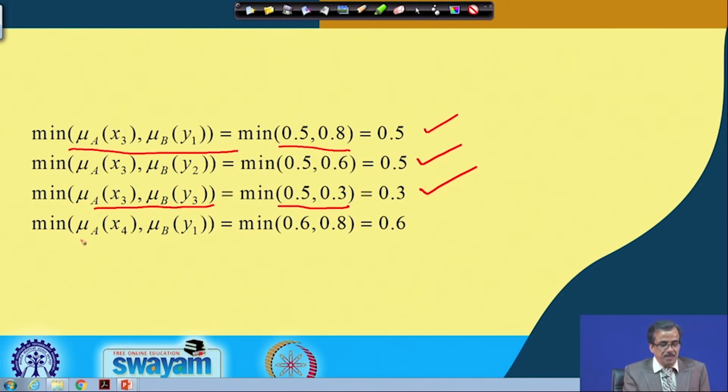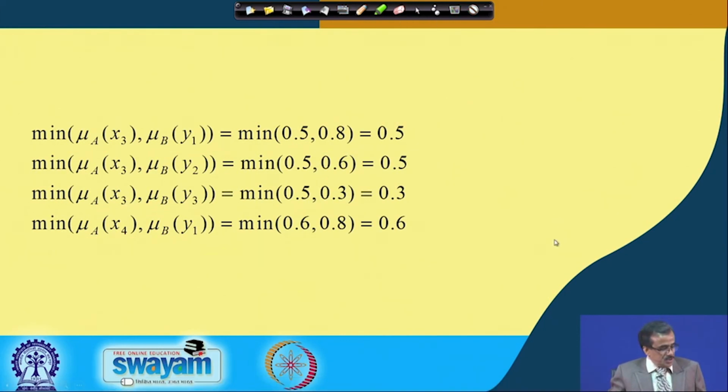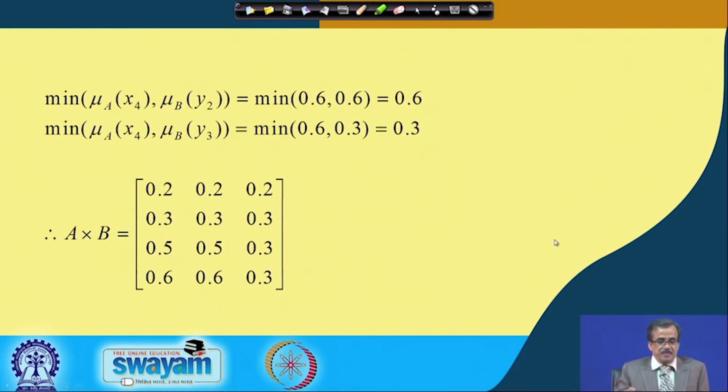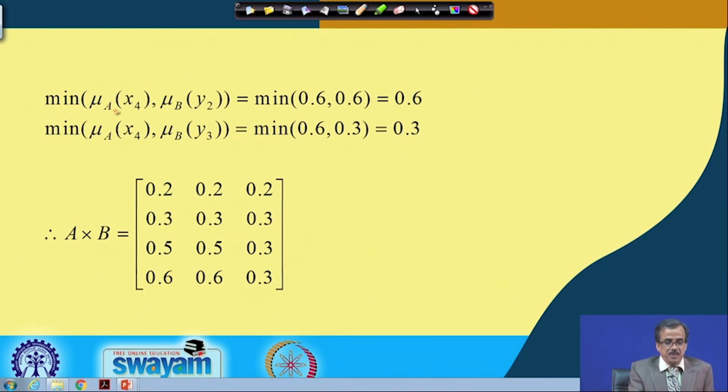Next is the minimum between mu A(x4) and mu B(y1), the minimum between 0.6 and 0.8, and you will be getting 0.6. To find out the product, we need some other elements like the minimum between mu A(x4) and mu B(y2), which is the minimum between 0.6 and 0.6, that is 0.6.